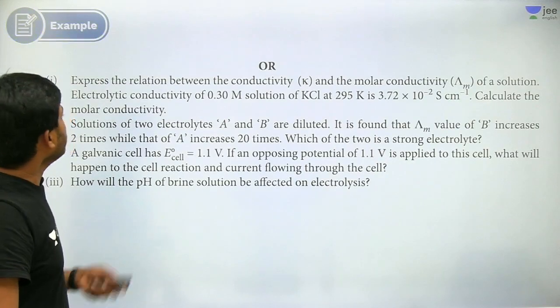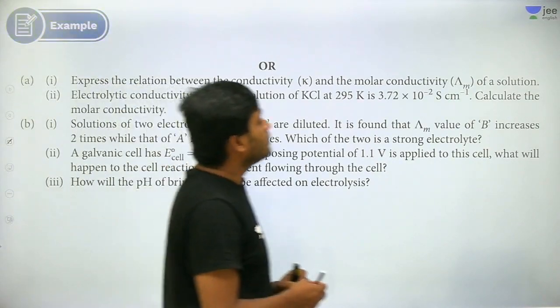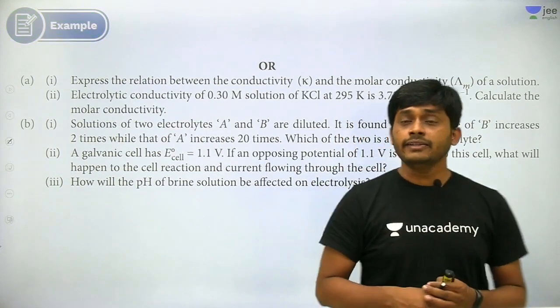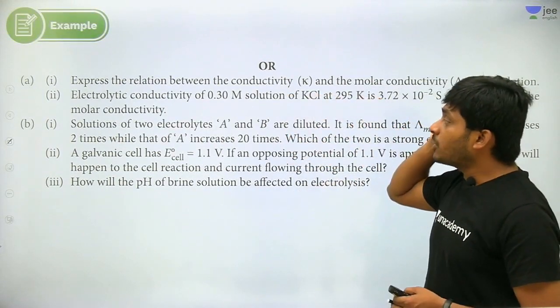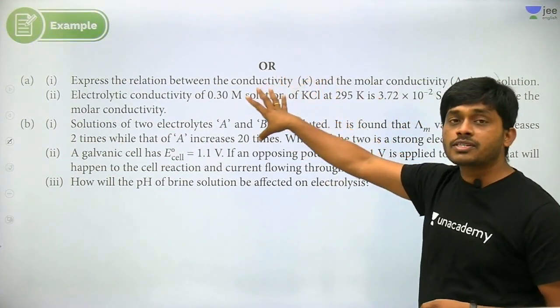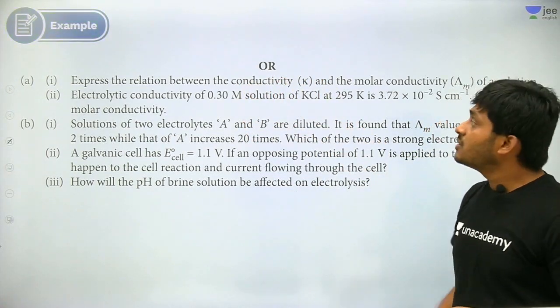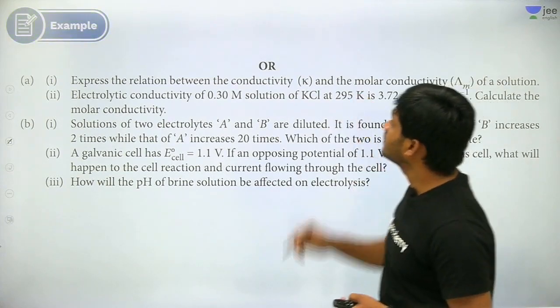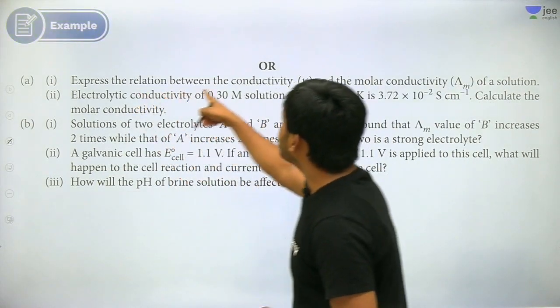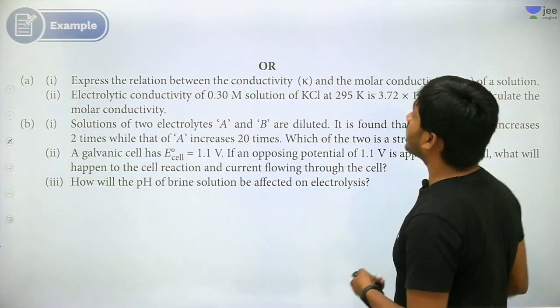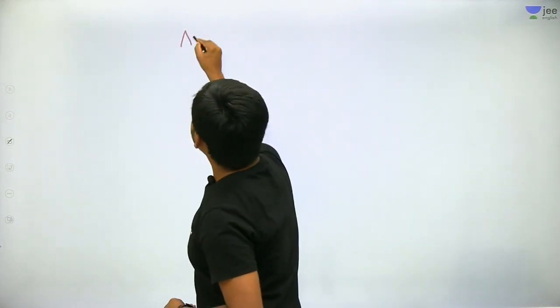Right. Next question. Express the relation. This is a choice, right? Same electrochemistry. In the first question we did Faraday's law. Now conductivity. So what they are asking: express the relation between conductivity and molar conductivity. What is the relation?